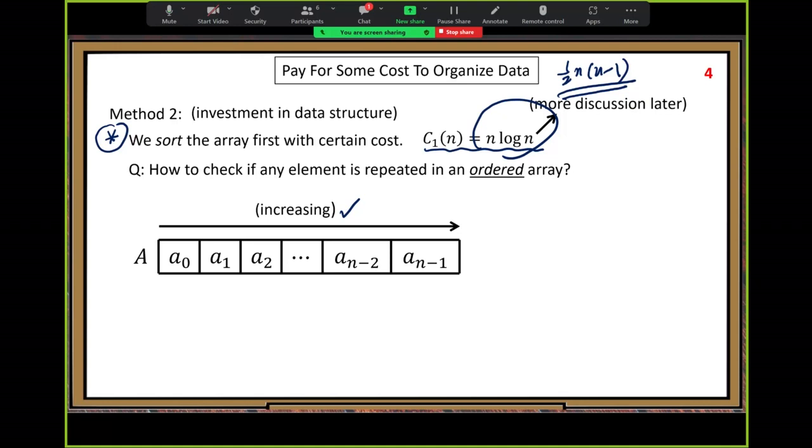All right. Now, let me point out the critical property.